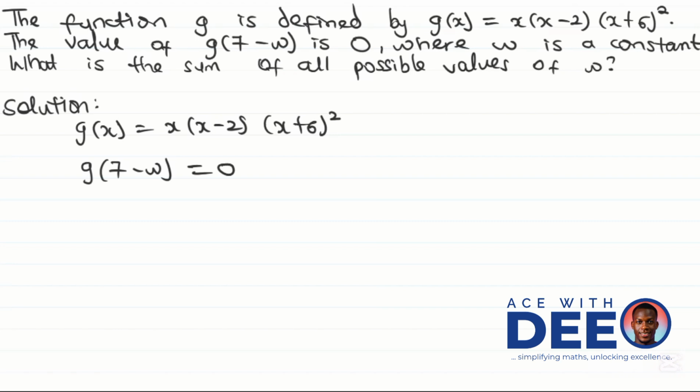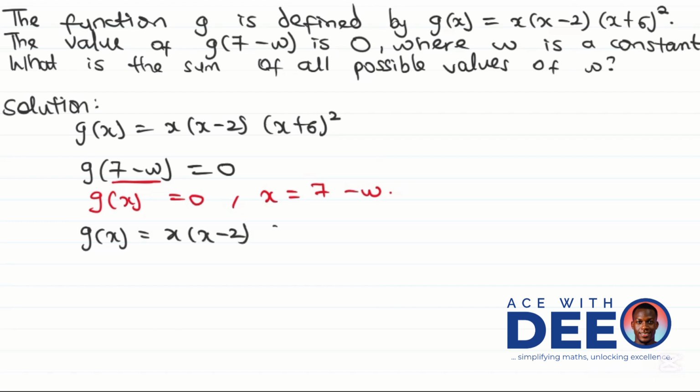So what this means is that if g of x is equal to 0, it invariably means that x is the same thing as 7 minus w. We're going to substitute 7 minus w into g of x, knowing fully well that g of x is equal to x times (x minus 2) times (x plus 6) squared.